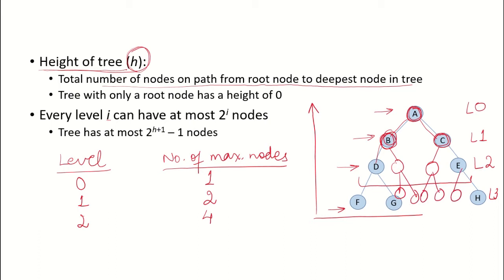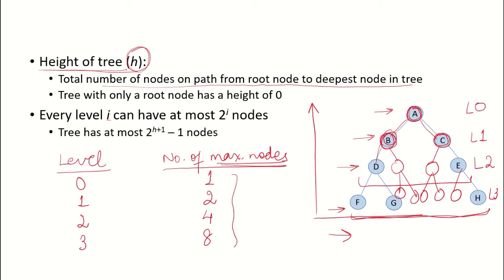So the total number of nodes that can be present at level 3 is 8. Again, if we talk about level 4, each of the 8 nodes present in level 3 can again have 2 children, and that would result in 16 nodes, 16 maximum nodes at that particular level. This is the maximum number of nodes that can be present at each level.